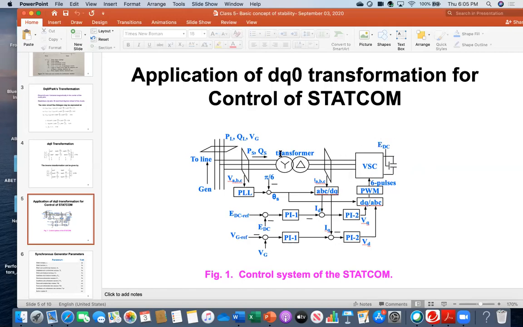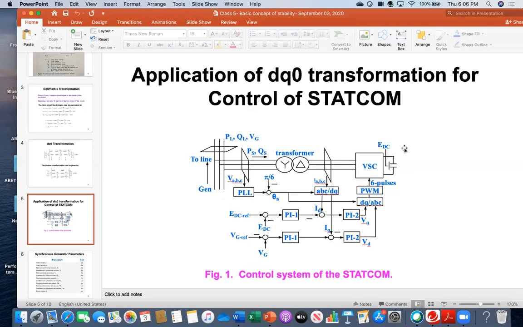And of course, you need a transformer because you have to reduce the rating. For example, here it might be 11 kV or higher voltage, but these components cannot operate at more than like 6.6 kV. That's why you need to reduce their voltage magnitude. That's why a transformer is used. So you can say this whole thing is a STATCOM unit, but essentially this voltage source converter together with this capacitor is the STATCOM.